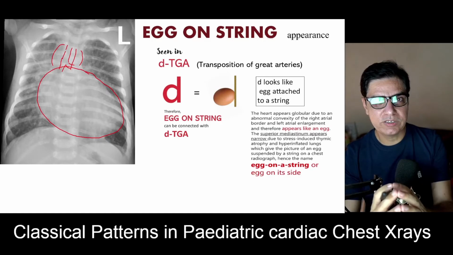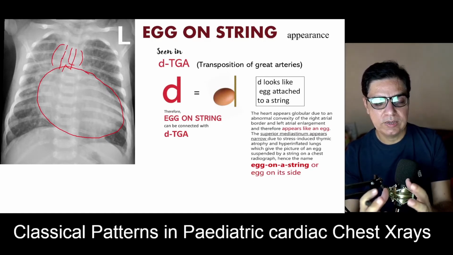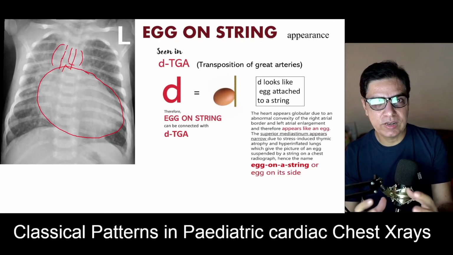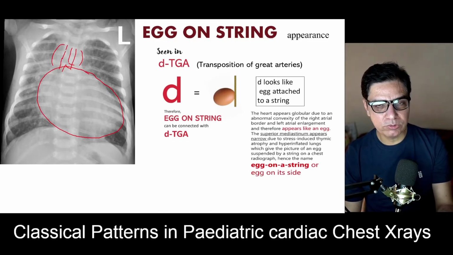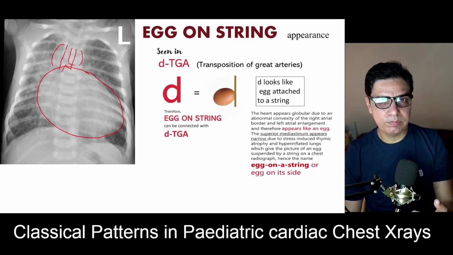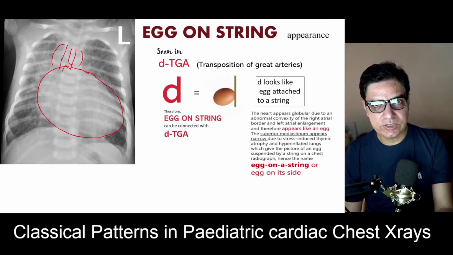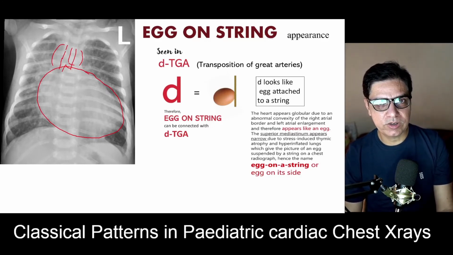The narrowing of the mediastinum is because of the too much expansion or congestion of the lung fields, and that is because you have two parallel circulations moving on, and life is dependent on some form of shunting between the two systems. So a patent ductus arteriosus or a VSD is actually maintaining the life, because if it is closed, then obviously it's not compatible with life.